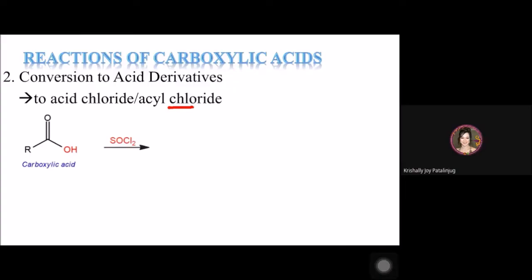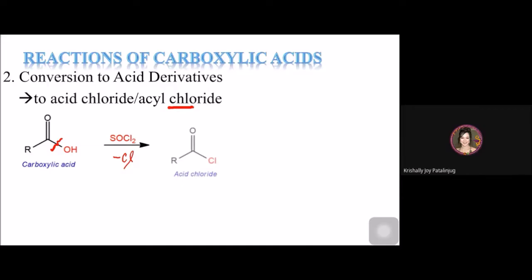Thionyl chloride will be reacted with the carboxylic acid, producing a stronger nucleophile in the form of Cl, which will then be substituted on the carbonyl carbon upon removal of the leaving group hydroxyl, thus forming acid chloride.